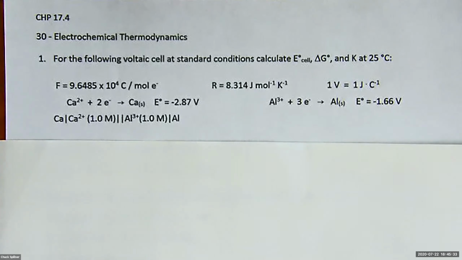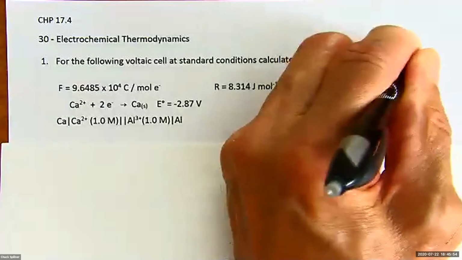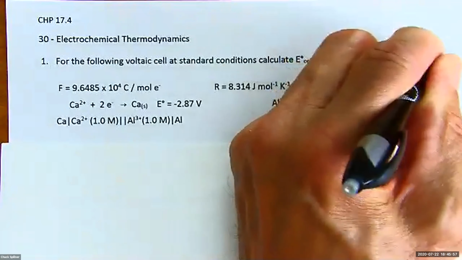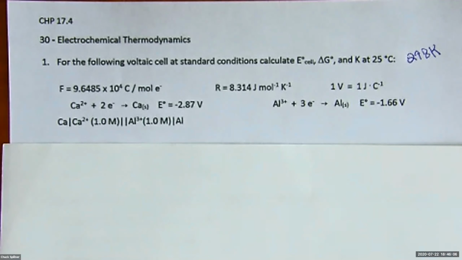This is worksheet 30. The problem says, for the following voltaic cell at standard conditions, calculate the standard cell potential, the standard free energy, and the equilibrium constant at 25C. That 25C makes it pretty convenient because I gave you a simplified equation right here for some of these values at 298K.